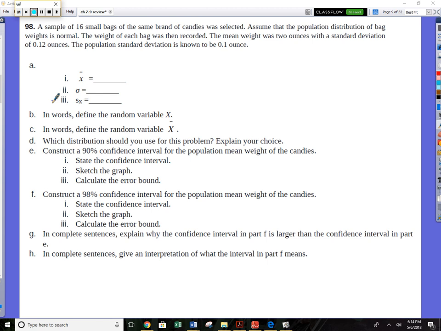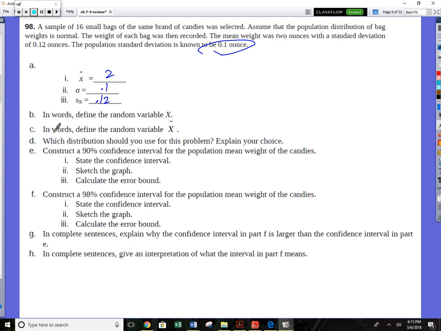Population standard deviation is known to be 1/10 of an ounce. So they took a sample of 16 bags and weighed them. They found the sample mean, that is X bar, so that's 2 ounces. And the sample standard deviation, that is S sub X, that's 0.12. Sigma, they gave us, that's the population standard deviation, that's 0.1.